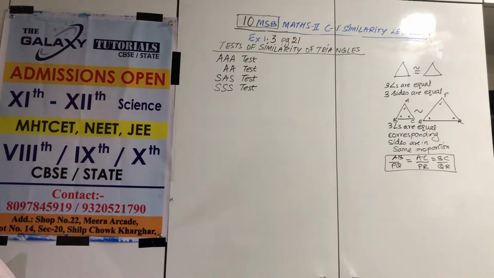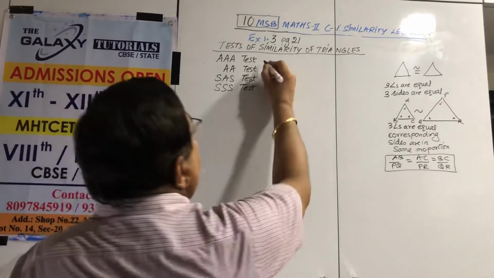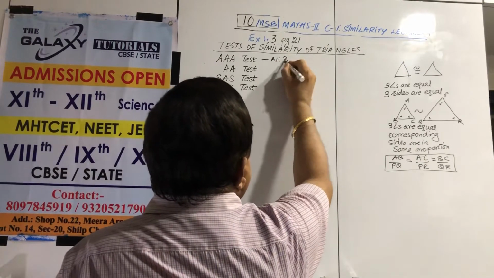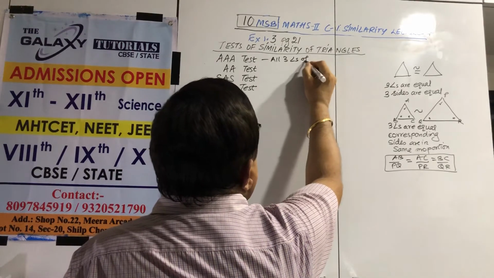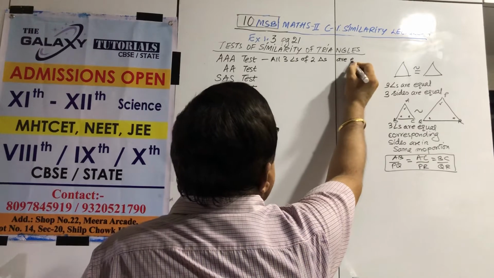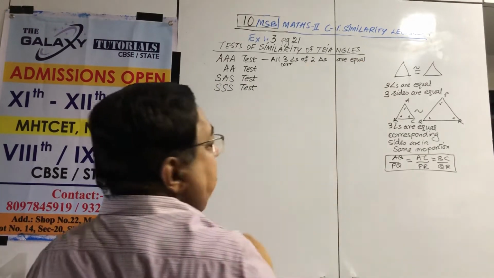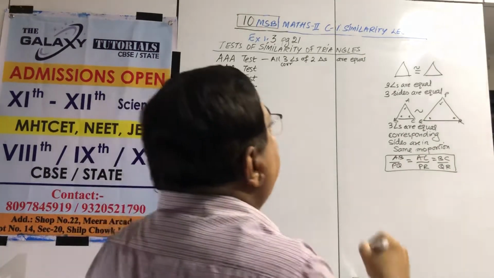And when are triangles proved to be similar? First is AAA test. All three angles of two triangles are equal, with three corresponding. Okay, not all the three, not like that.